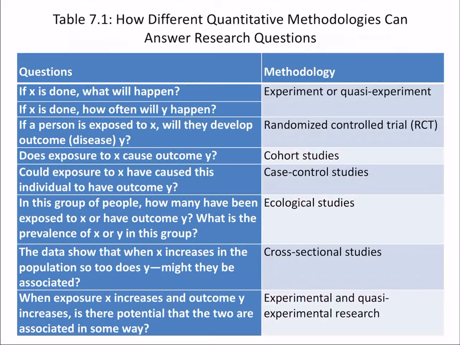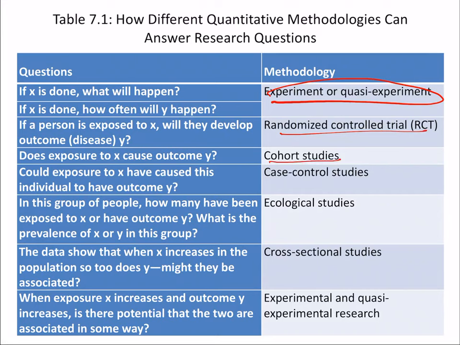Table 7.1 goes into details of how you might analyze a quantitative study, and addresses different quantitative methodologies. So there are several types of quantitative research papers. You can have an experiment or a quasi-experiment. You can have a randomized controlled trial.